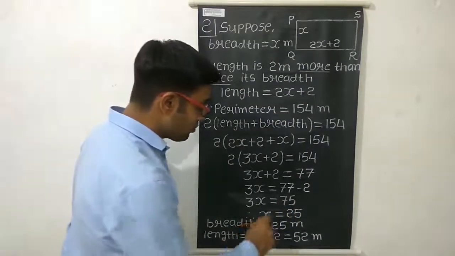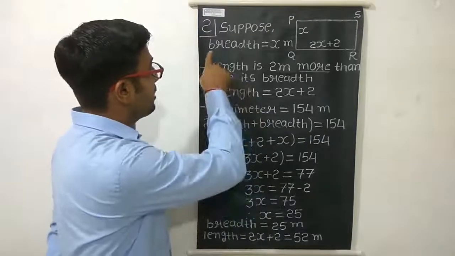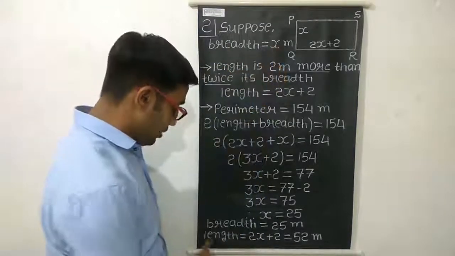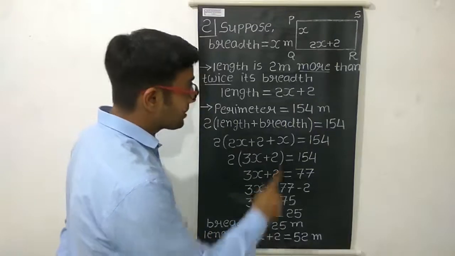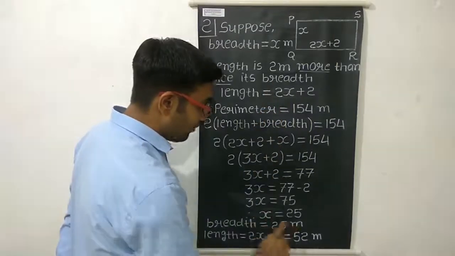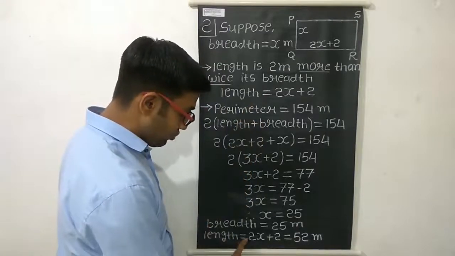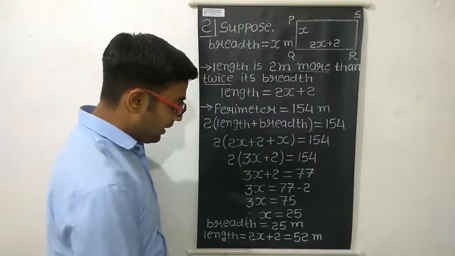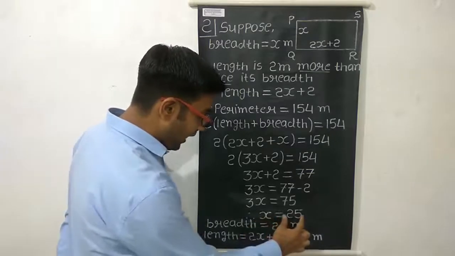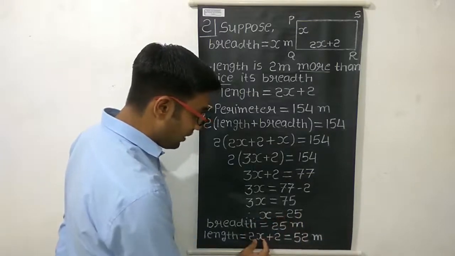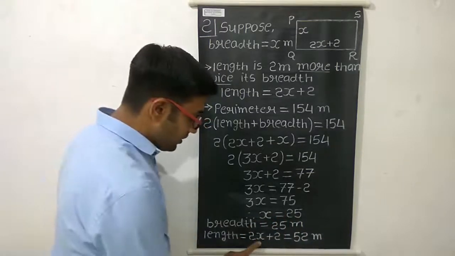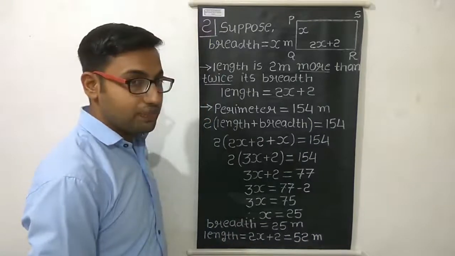So what did we suppose x as? We supposed that breadth is equal to x. So the breadth of this rectangle is 25 meter. And what is the length? Length is equal to 2x plus 2. Now we have to put the value x is equal to 25 in place of this x. This x has 2 multiplying it.